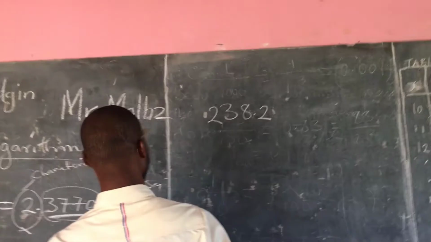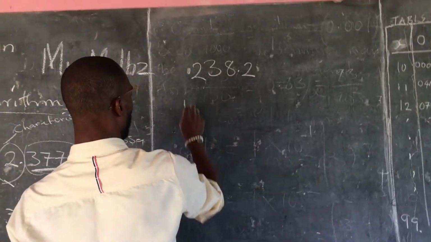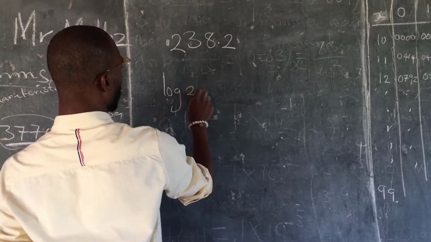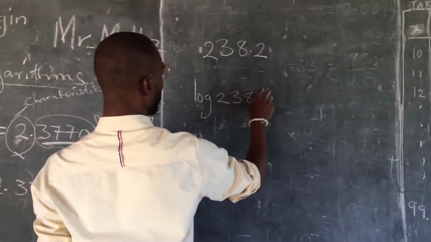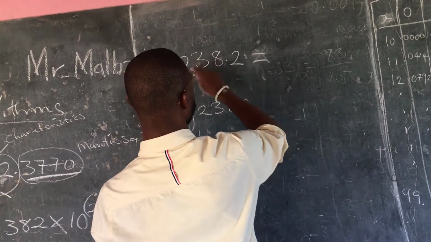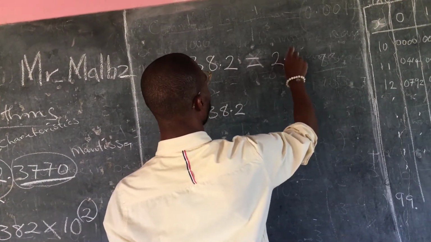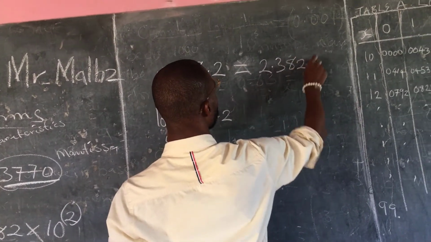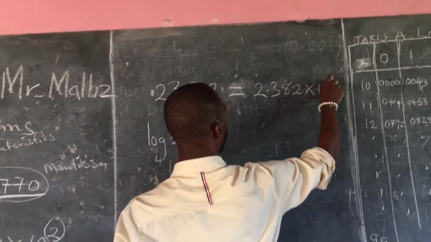So we want to find the logarithm of this number, so we say log of 238.2. Then we express it in standard form like this: 2.382 times 10 raised to the power 2.